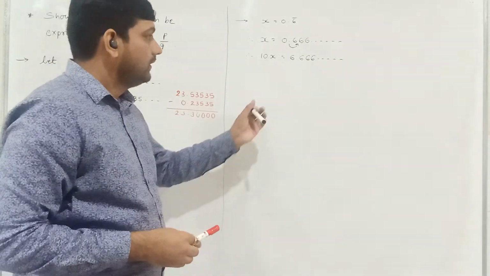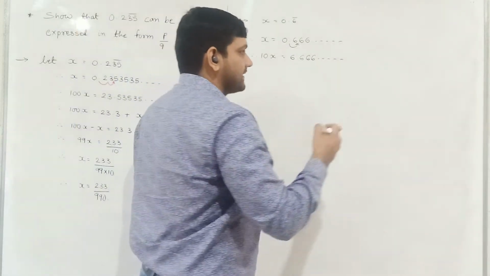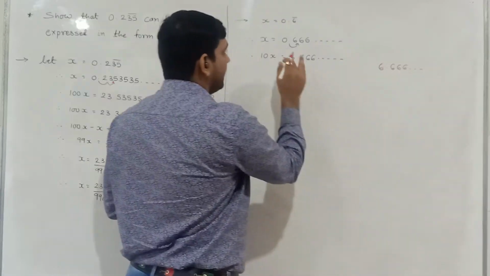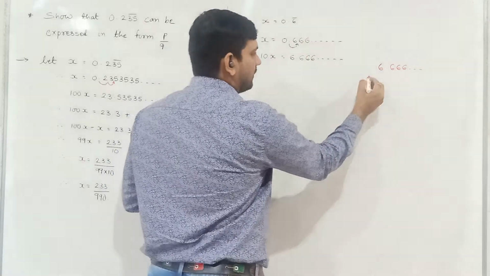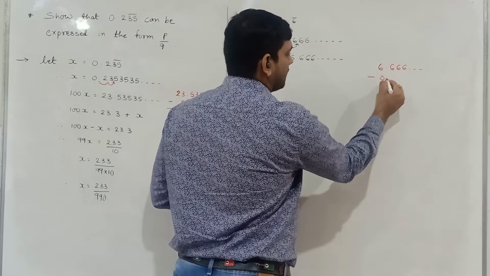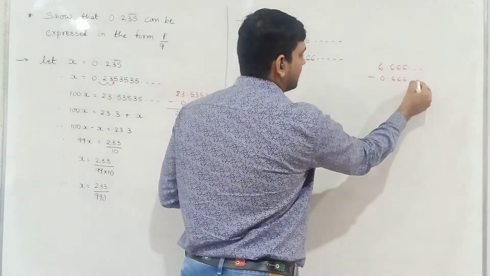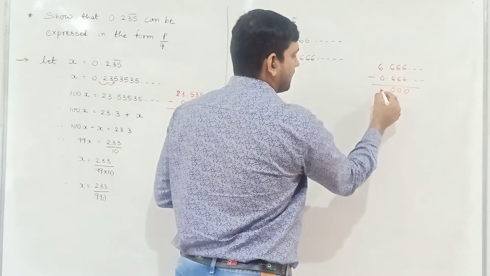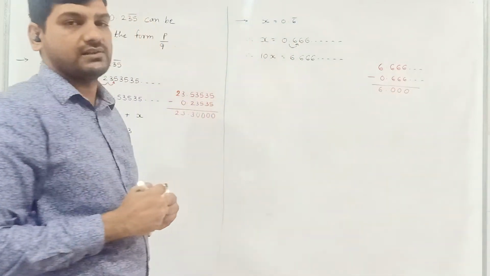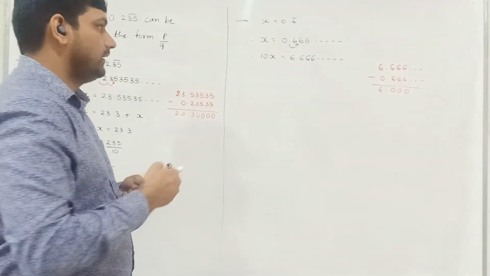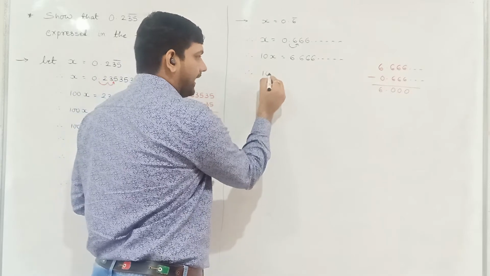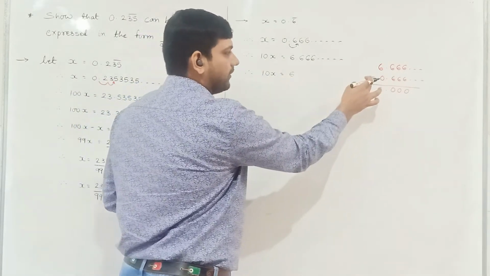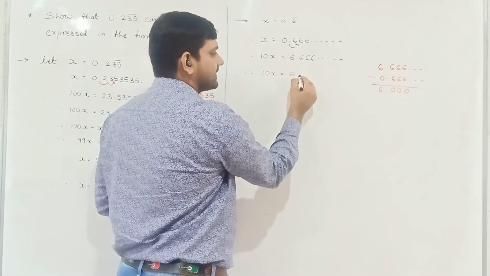Now this 6.666 is subtracted from the value of x, 0.666 dash. So 0, 0, 0 and 6 minus 6, 6 minus 0, 6. That means 10x minus x is equal to 6.